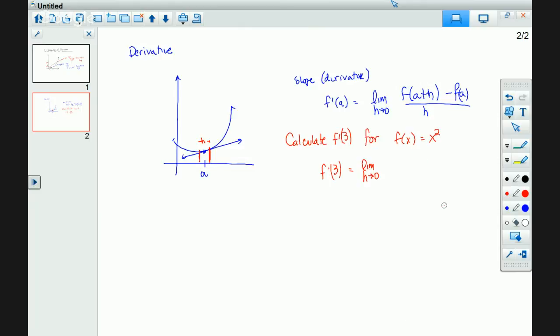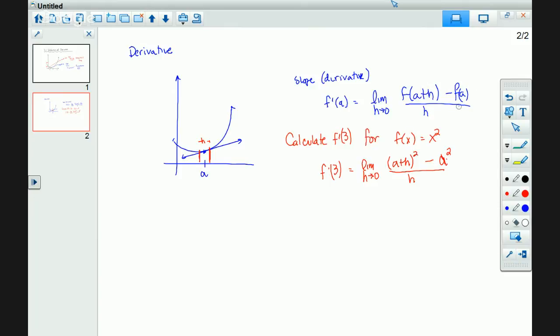And what's f of a plus h? Putting a plus h in, right? And f of a? We're just evaluating functions. A plus h goes into the x, and the a goes into the x.